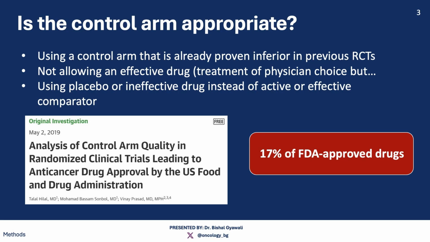This typically is written as the control arm was the treatment of physician choice, and then they will exclude certain drugs that you would ideally want to use. And third, using placebo or an ineffective drug instead of an active or effective comparator. In fact, one of the studies has shown that 17% of FDA-approved drugs have been approved based on trials using an inferior control.